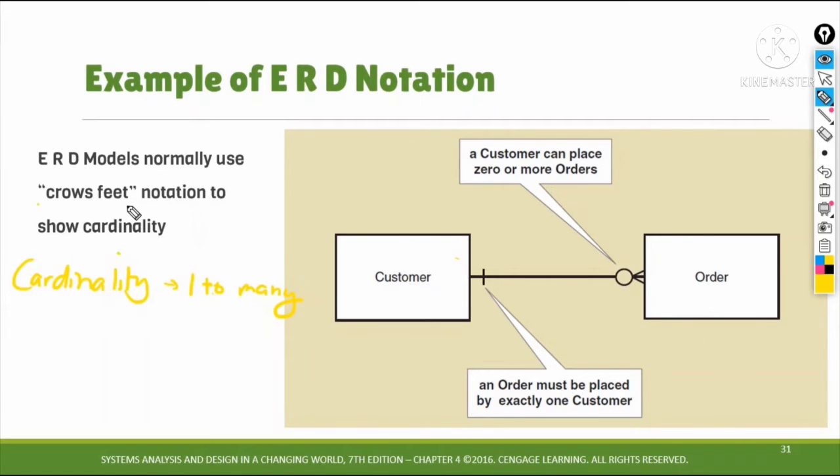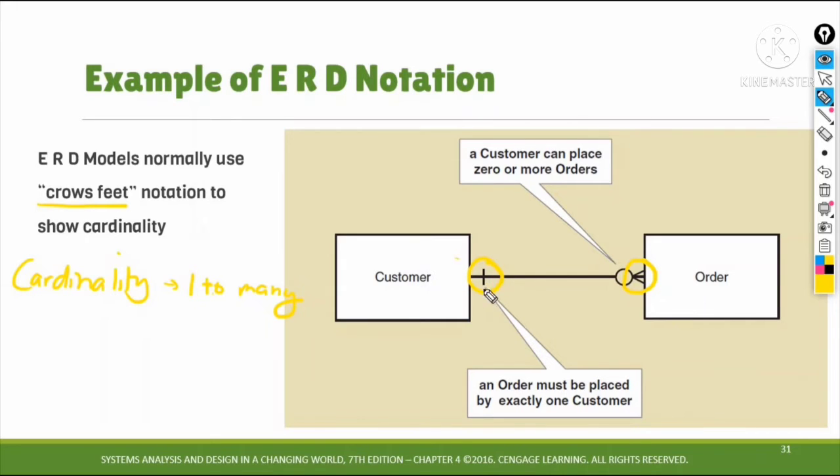So the crow's feet symbol, so this one, on the line next to an order data entity indicates many orders. But other symbols on the relationship line also represent the minimum and maximum cardinality constraints. So again, in these two data entities, an order must be placed by exactly one customer.